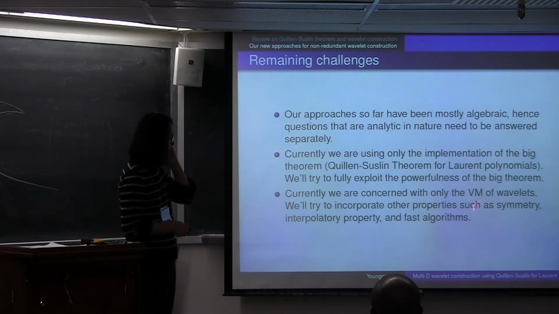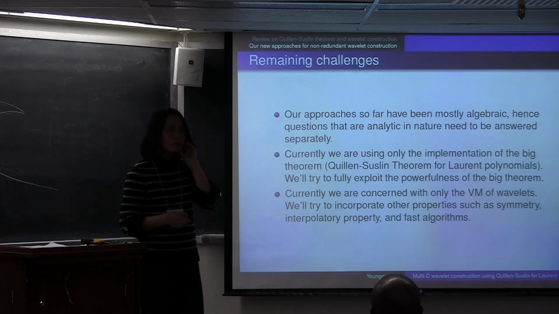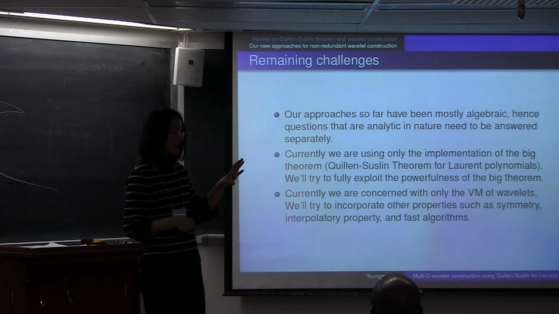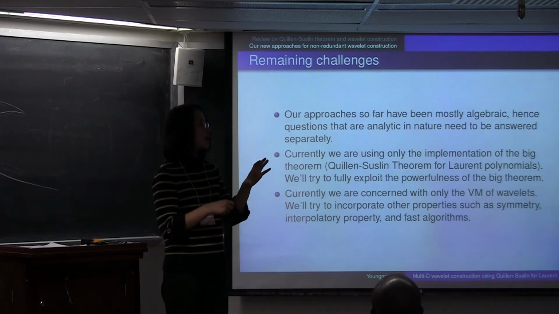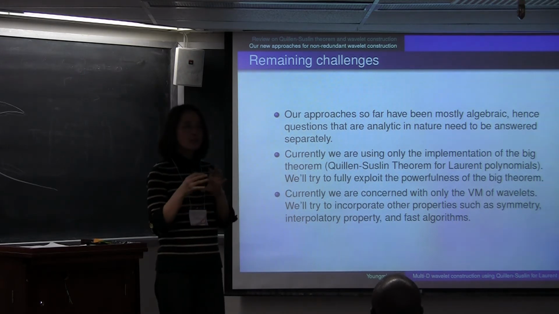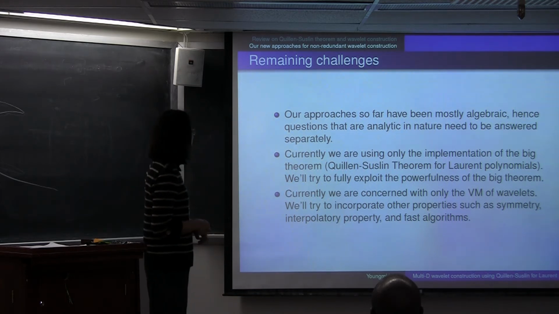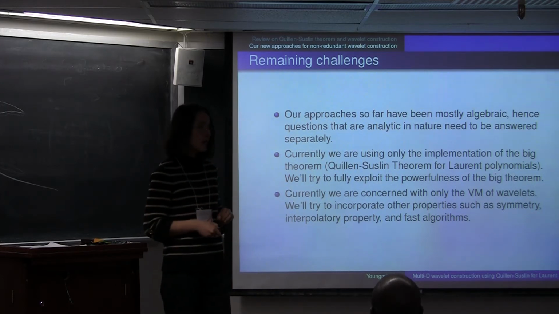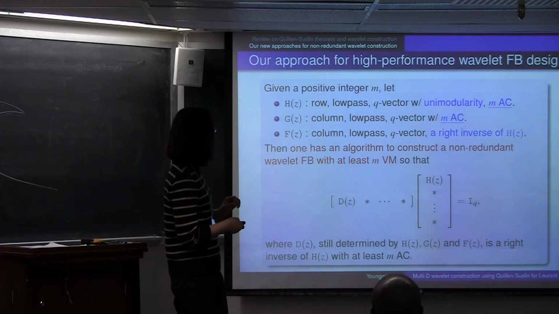Actually, we do have some concrete ideas about the symmetry because, as I understand, the basis that we just looked at, the thesis basis, you can impose the symmetry group invariant condition in there, and so we can make use of this symmetric condition and design a symmetric filter bank right from that theory.